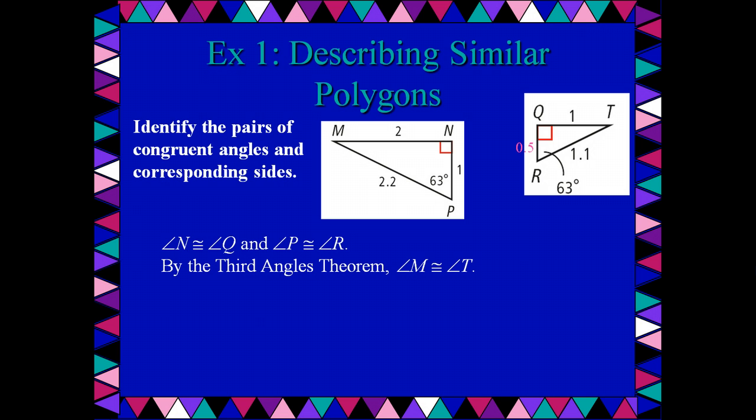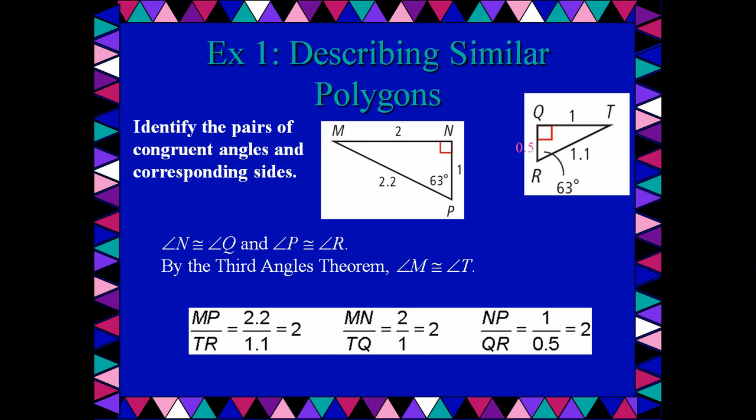By the third angles theorem, we know that angle M is congruent to angle T. And if we look at the proportion of the side lengths, we find that they all will equal 2 because MNP is twice the size of QTR.